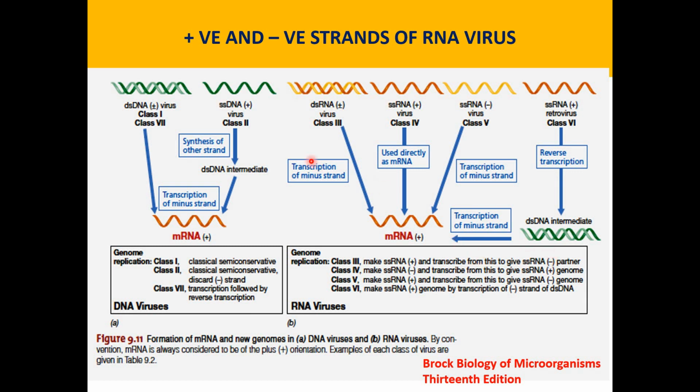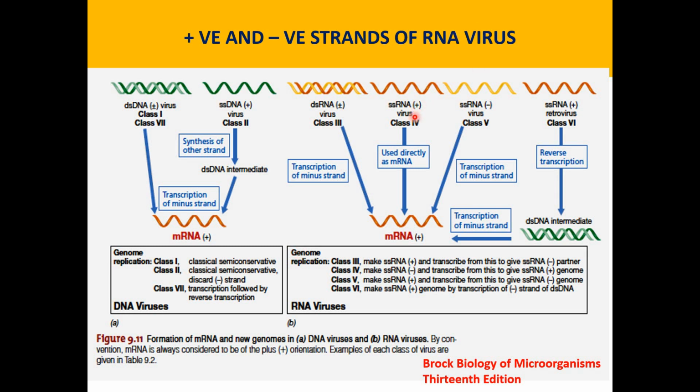In case of DNA, we all know double-stranded DNA: one strand acts as a sense strand and another strand acts as an anti-sense strand. Similarly, if there are two strands of the RNA, one strand acts as a positive RNA and another strand acts as a negative RNA. So the negative RNA must be replicated to form the positive RNA, and that positive RNA will go for the protein synthesis.